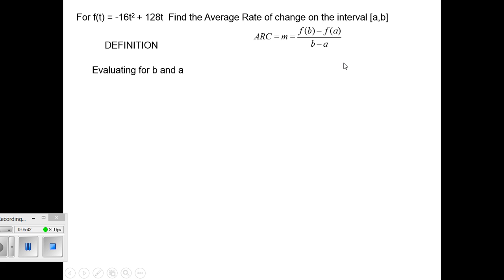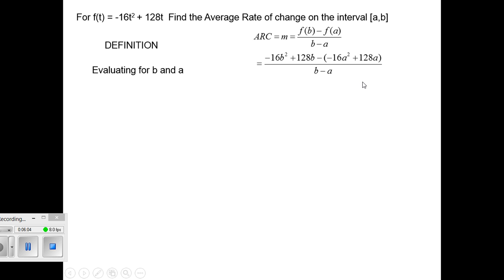So let's take a look. f of b is negative 16b squared plus 128b, minus f of a, which is negative 16a squared plus 128a.